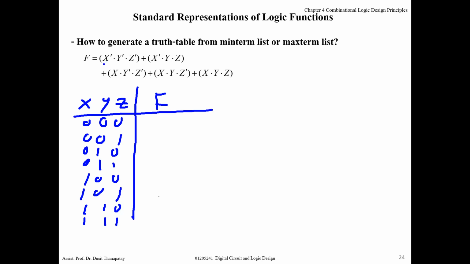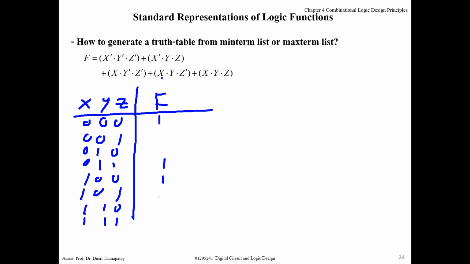For this term x prime, y prime, z prime, this term will be 1 in only one case, when input x, y, z is 0, 0, 0, right? So right here. How about this x prime, y, z? 0, 1, 1. x, y prime, z prime: 1, 0, 0.